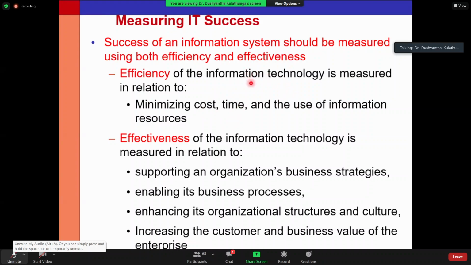Then also whether the utilization of information technology or system helped us to reduce or minimize the use of different information resources that we utilized earlier. Because with information technology, all required data may be stored in a centralized database, so that we can access it easily. So earlier we would have to look for different sources in order to get the required information.